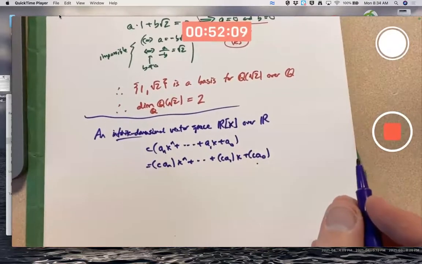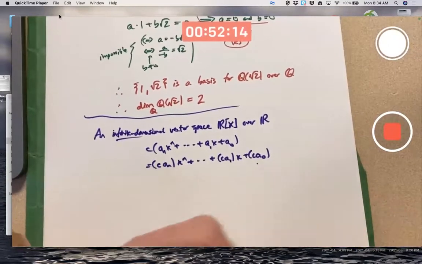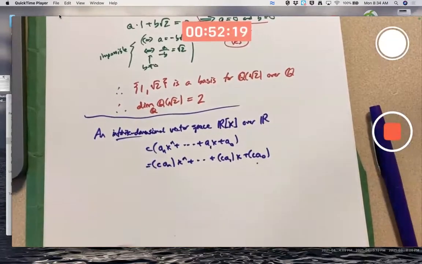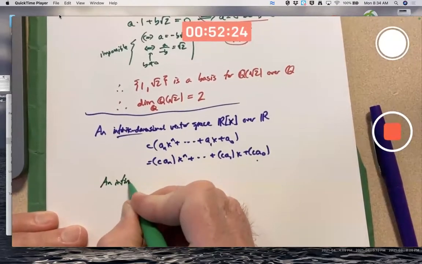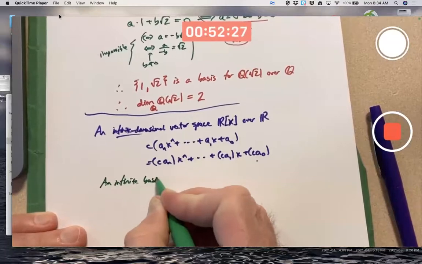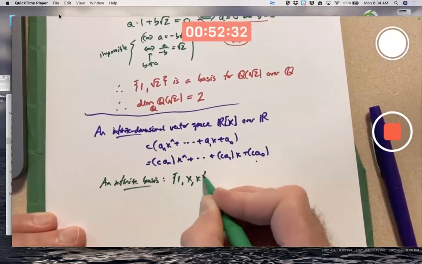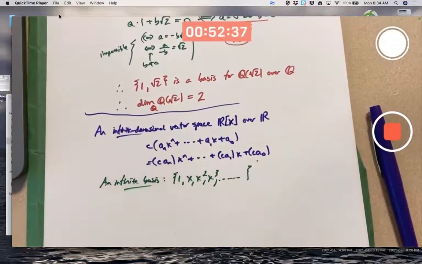Why is it infinite dimensional? Well, because the degree can be arbitrarily high. Does it have an infinite basis? Yeah. This set of polynomials forms an infinite basis. This set is linearly independent.